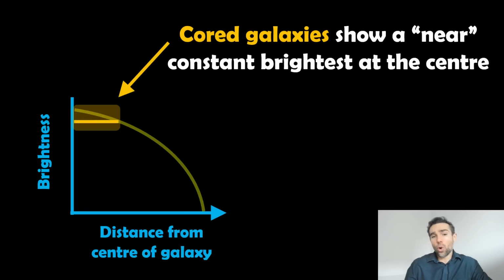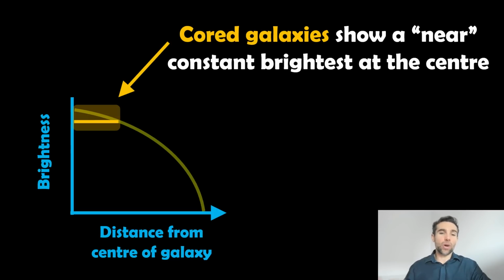So a cored galaxy shows almost a near constant brightness at the centre. When we get towards the centre part of the galaxy, the brightness doesn't keep on increasing. It doesn't go perfectly flat. There is still some small increase in brightness, but it levels off. So cored galaxies are almost like missing light, I suppose is the best way.